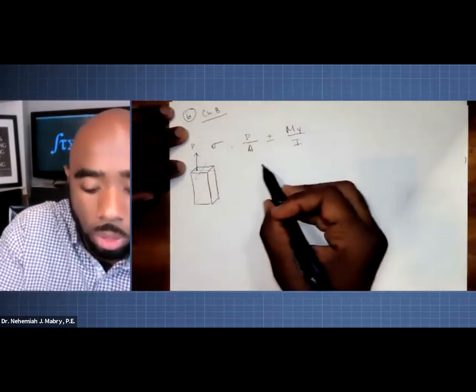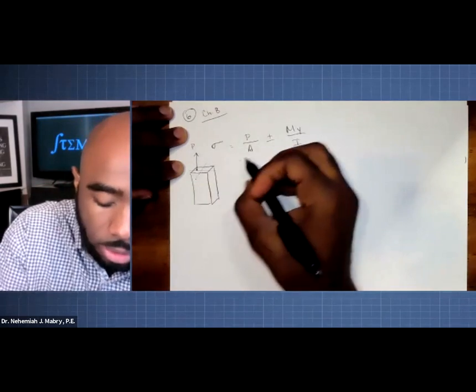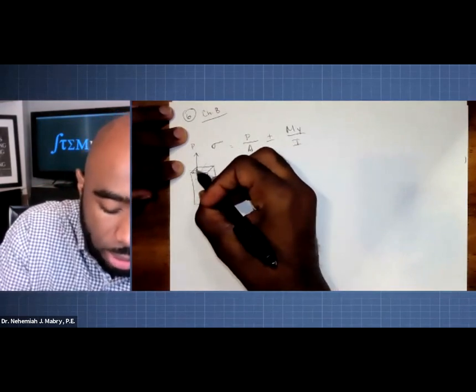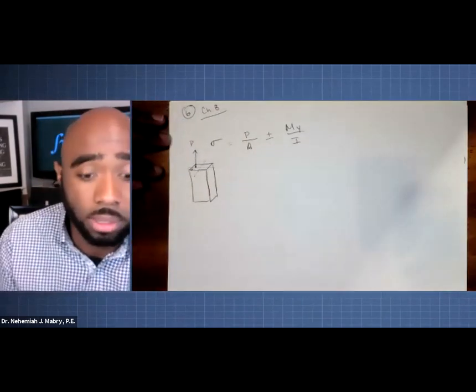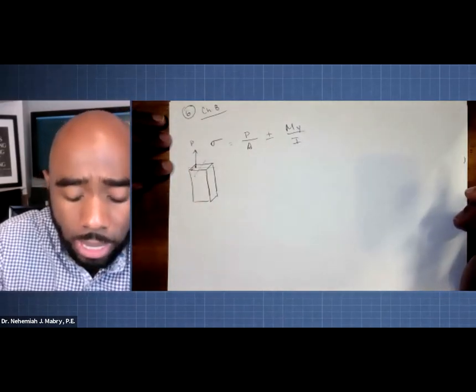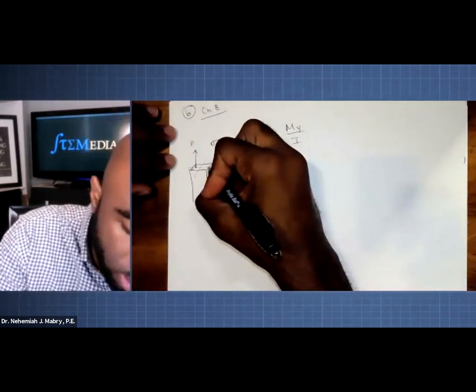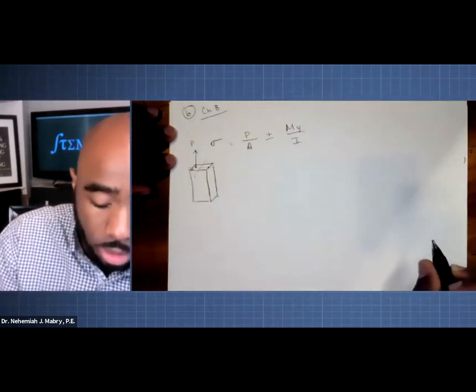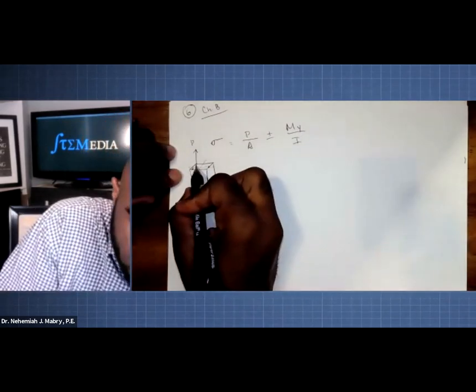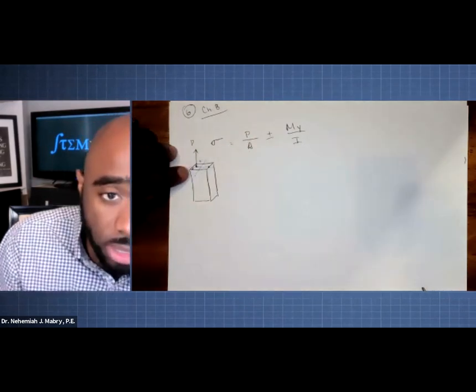First of all, we know that here it's positive. We're going to take that P and put it over the area of this entire cross section, because that's going to give us the axial stress. Then, depending on where we're trying to solve it, let's just say we're trying to solve it here, we have to look at the fact that this axial load is located at a certain distance from the neutral axis. We call it eccentricity.